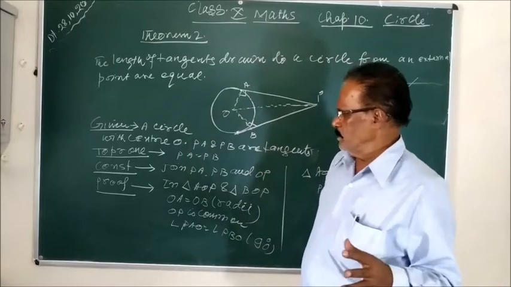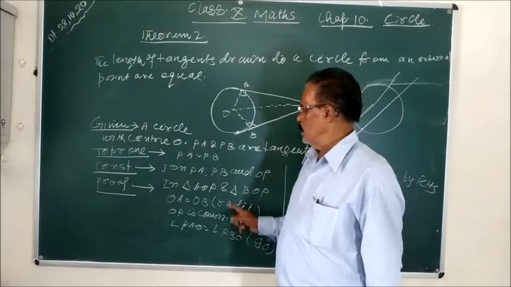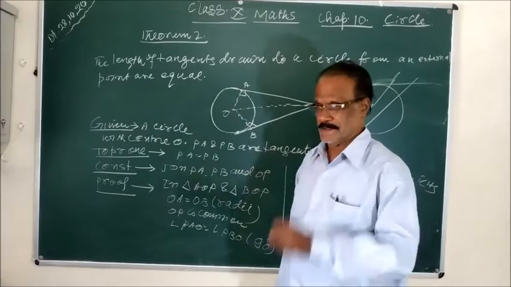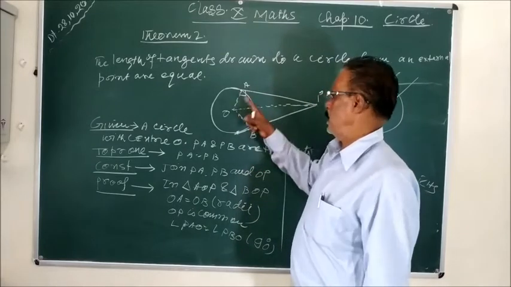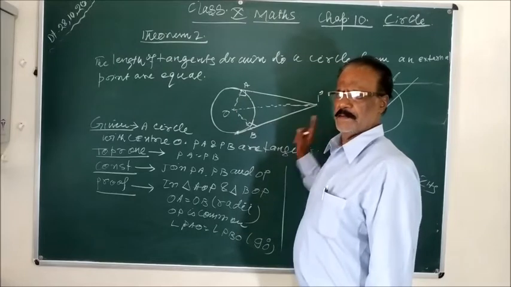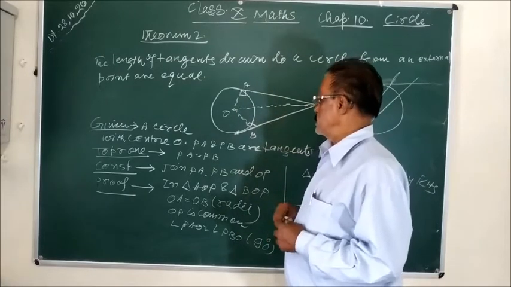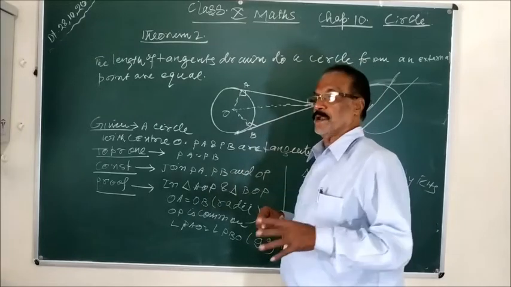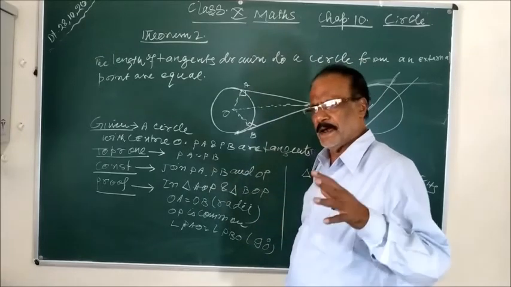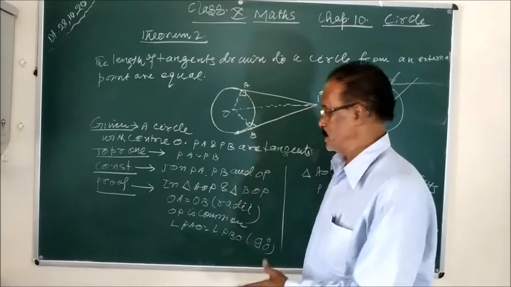By joining, you see in the proof, we have got 2 triangles, triangle PAO and PBO. In these 2 triangles, we are trying to prove congruence, and then by CPCT we will get the result.